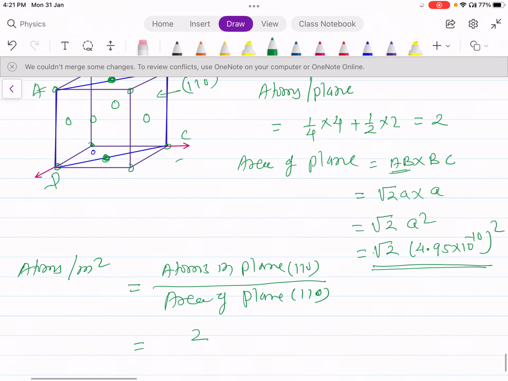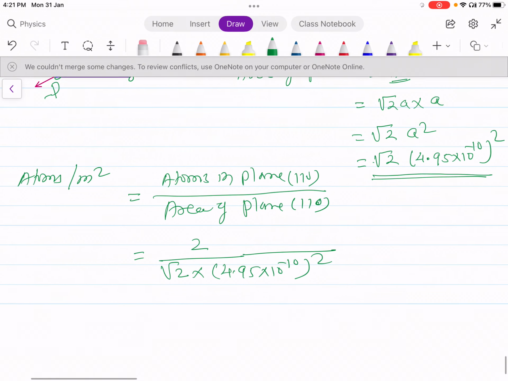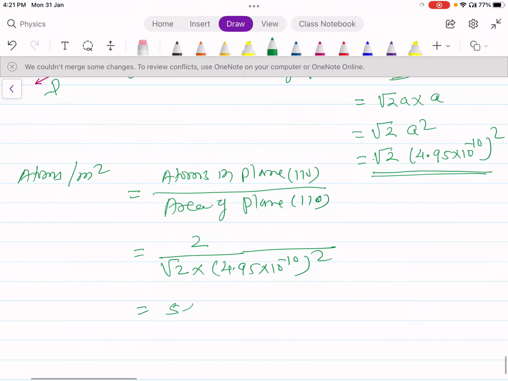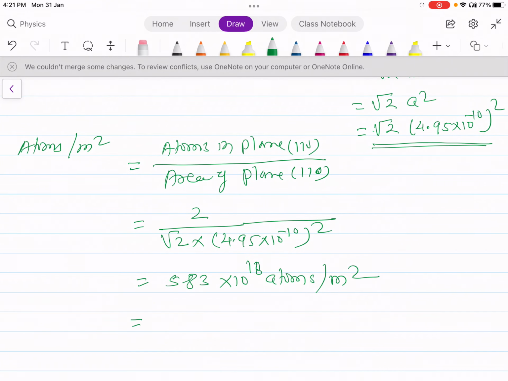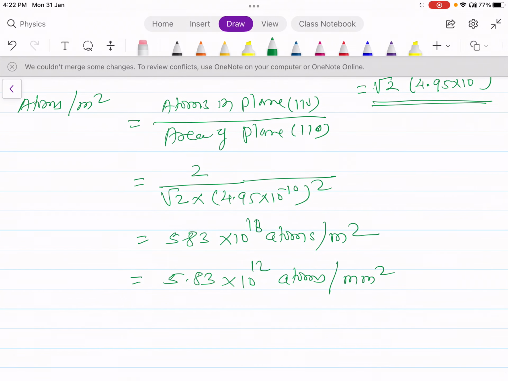So atoms are 2 and area is root 2 into (4.95 × 10^-10)², and that equals 5.83 × 10^18 atoms per meter square. We have to convert that into millimeters, so 5.83 × 10^12 atoms per millimeter square. So this is what we got for 110.